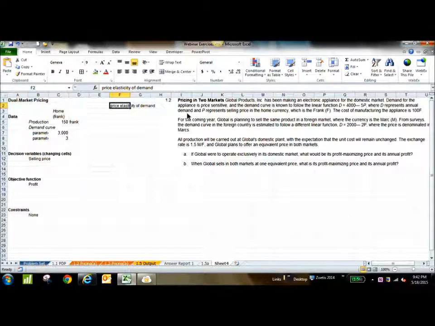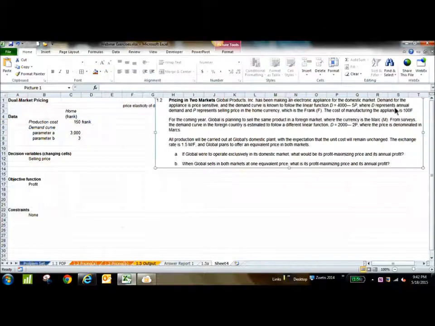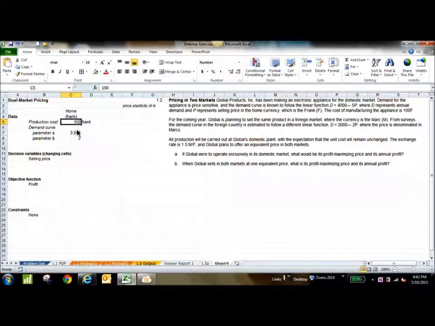So you have production cost, in this case, is 100, right here I put 150. What we have for the demand is based on a formula. So the parameter A here is 4,000, I put 3,000.